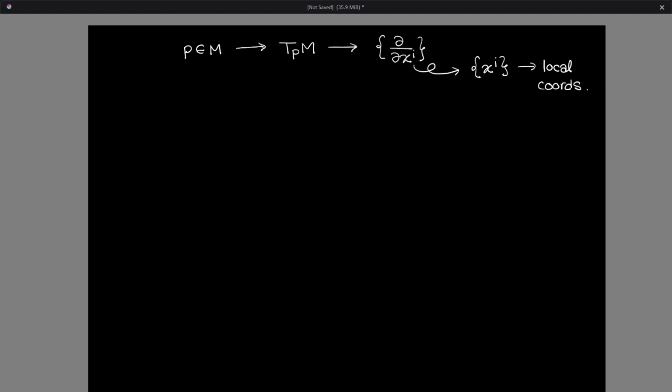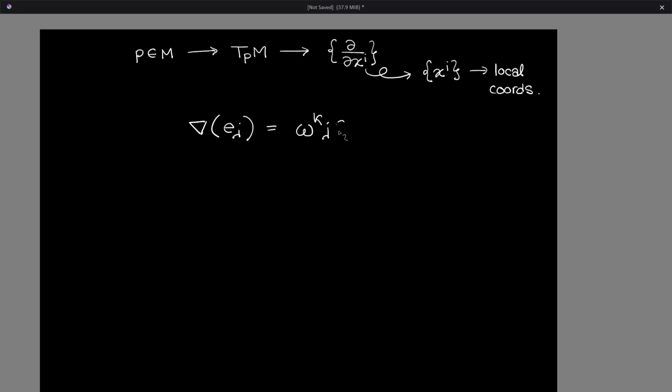So the way we start with this is that we use the definition of the connection form in terms of the connection. So we say that nabla of e_j is equal to the connection form omega^k_j tensored with the appropriate basis vector.